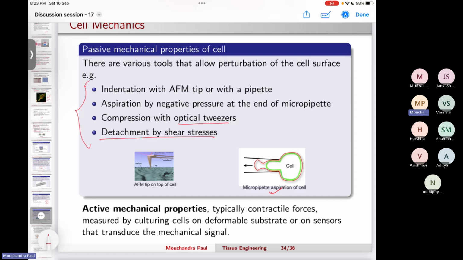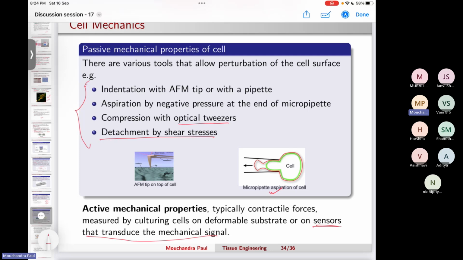You culture a cell on a substrate, and this substrate is attached to some sensors, like a load cell, etc. Some sensors are capable of translating the cell's adhesion forces into some electrical signal, and then you can see it on the computer. So this is an active way.